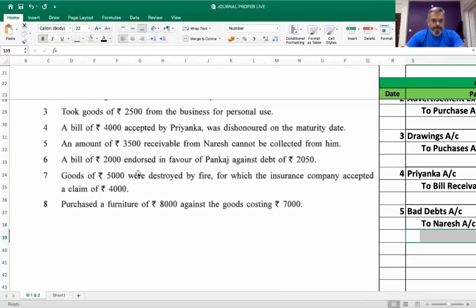Now, a bill of rupees 2,000 endorsed in favor of Pankaj against debt of 2050. So against the debt of 2050, we endorsed a bill of rupees 2,000. Here it is not mentioned that the account is settled, but because the difference is very minuscule, here we are assuming that 50 rupees is the discount.